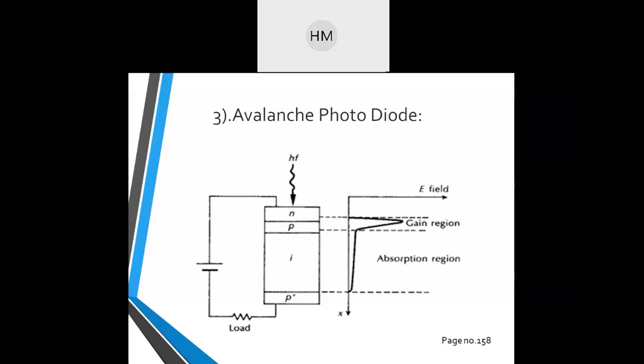So before giving it to the amplifiers, we internally multiply the primary signal photocurrent, before it enters the following circuitry of amplifiers. The carrier multiplication mechanism is known as impact ionization.